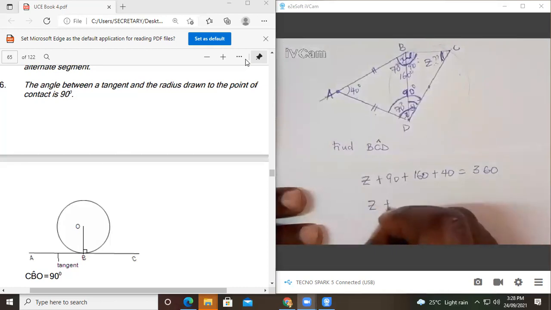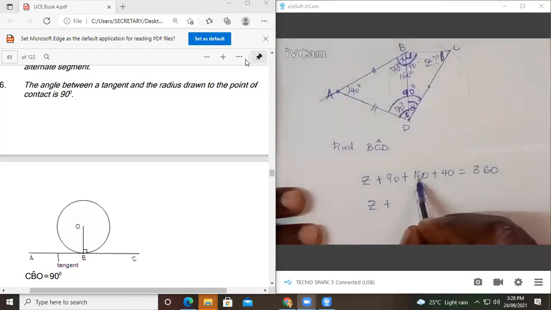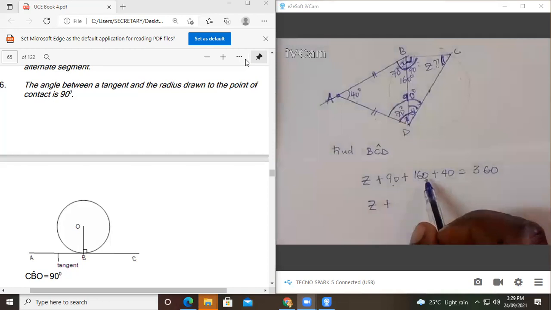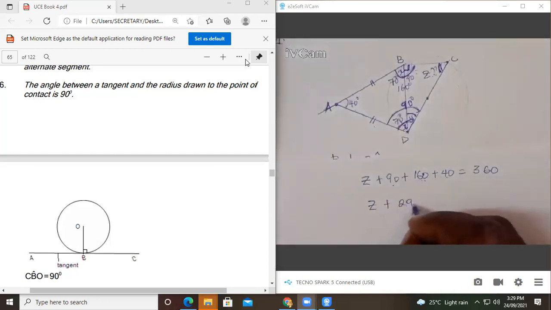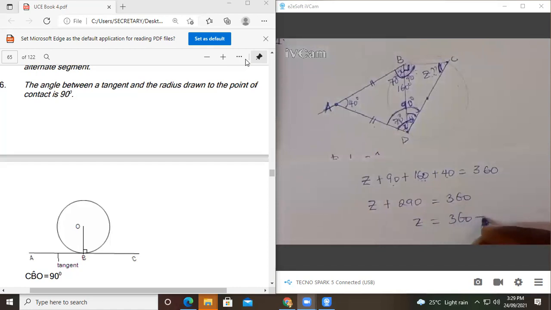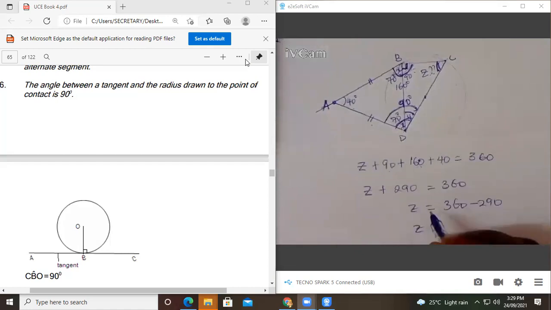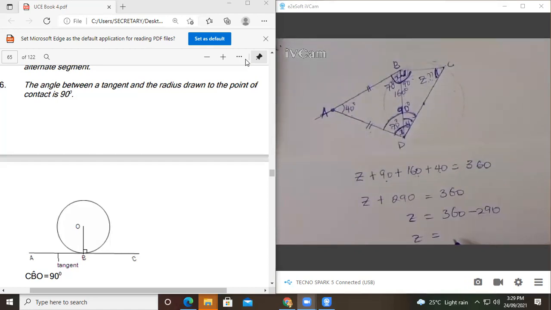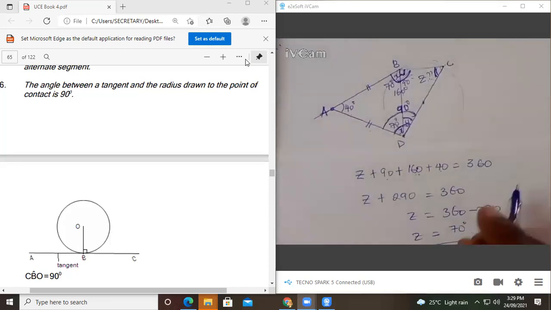So Z plus this 290 is 290. You see, people are using their heads. Equals 360. So Z is equal to 360 minus 290. And Z is equal to what? 70 degrees. Yes. Okay. So that is the answer.